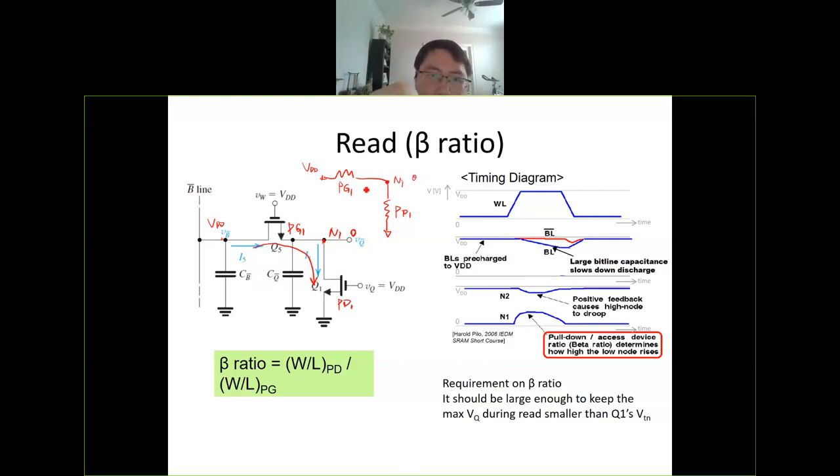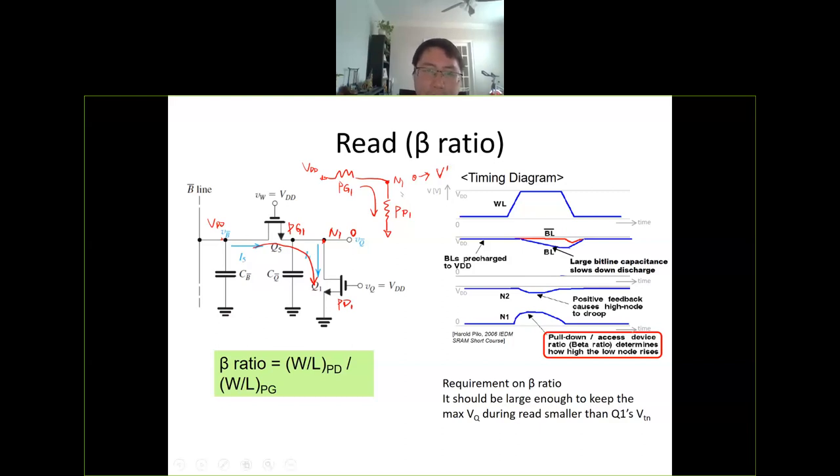But since you have current flow here, this node cannot be 0 because it's a voltage divider, right? So this 0 will increase to some voltage, let's say V prime.